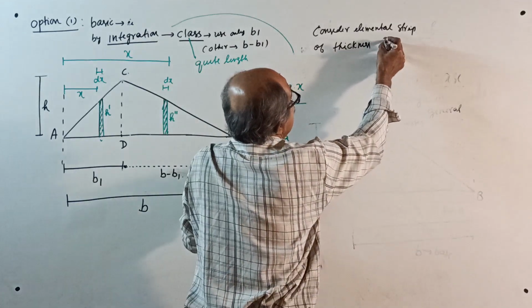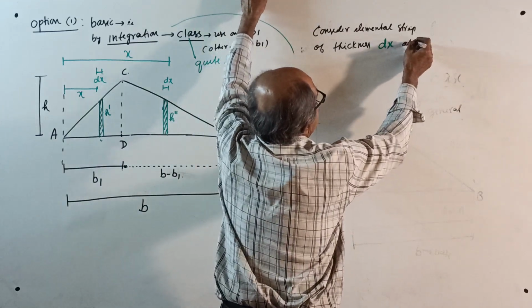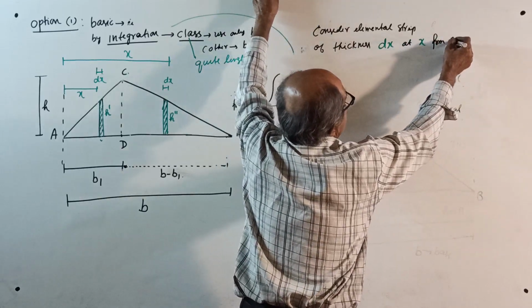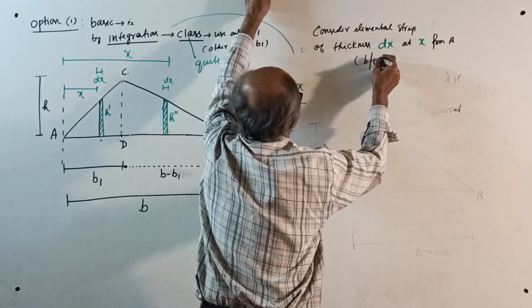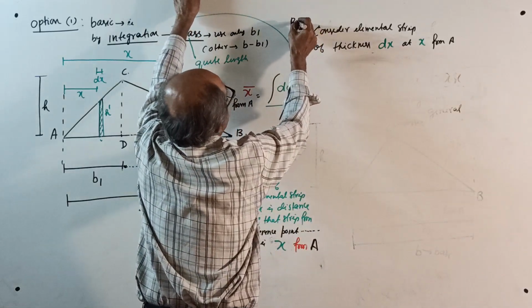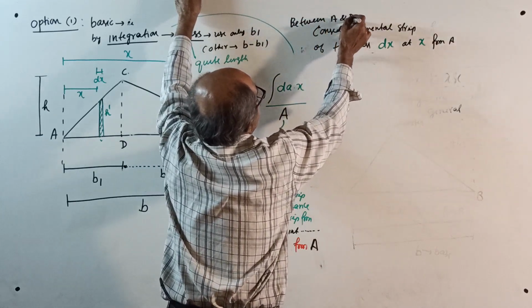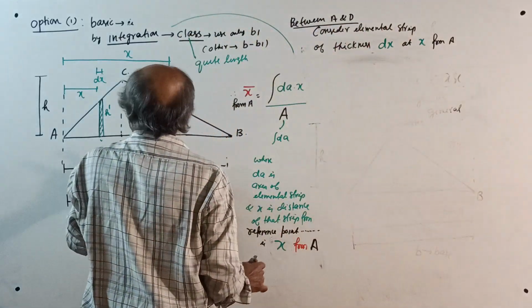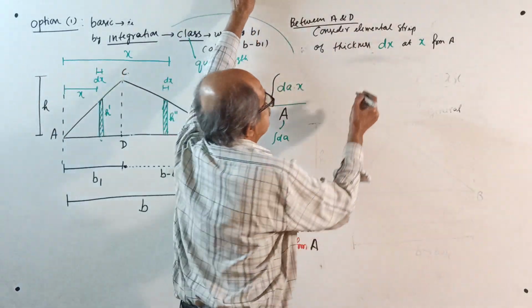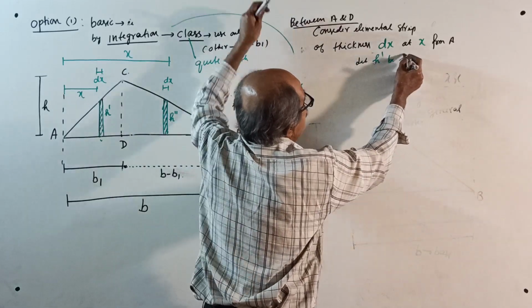Thickness dx at x from A, between A and D. Consider elemental strip of thickness dx at x. Let h dash be the height of that strip.